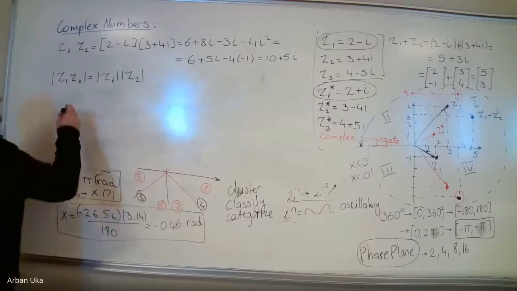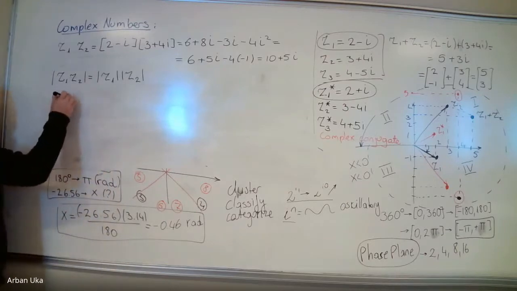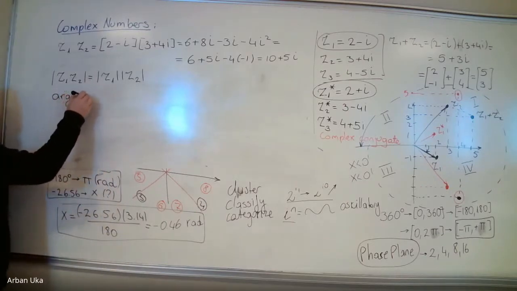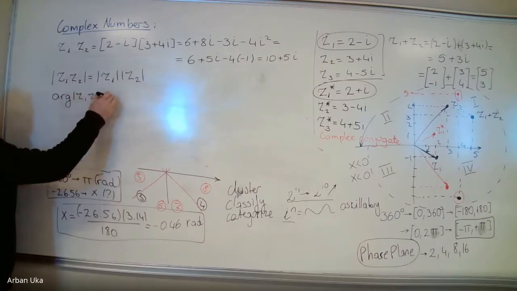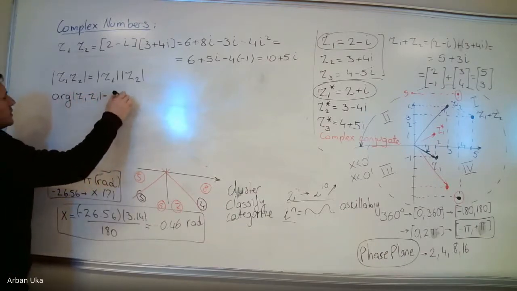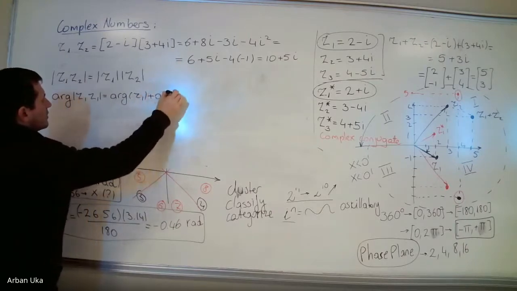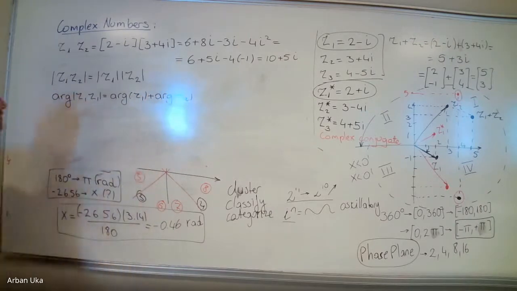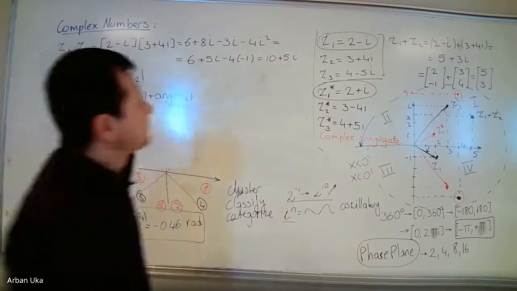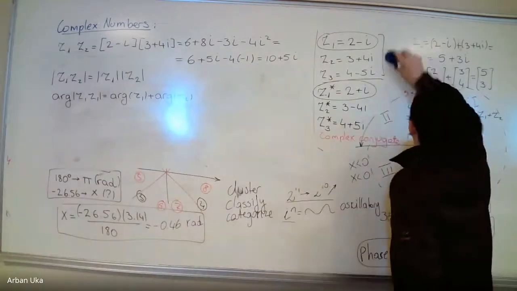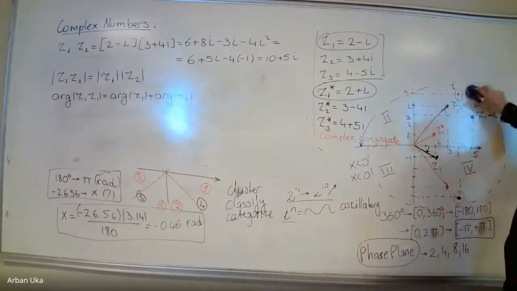At the same time, the argument of Z1 times Z2 is equal to the argument of Z1 plus the argument of Z2.